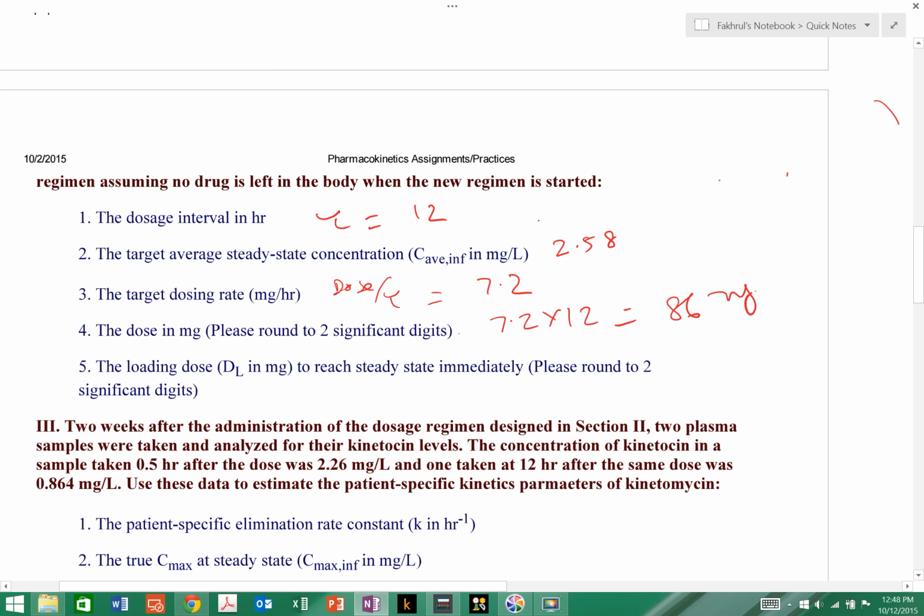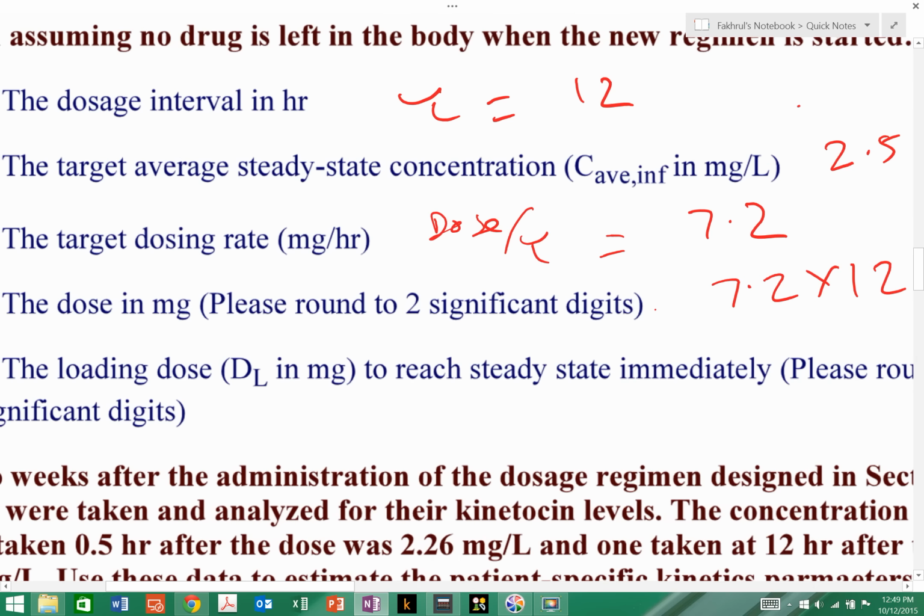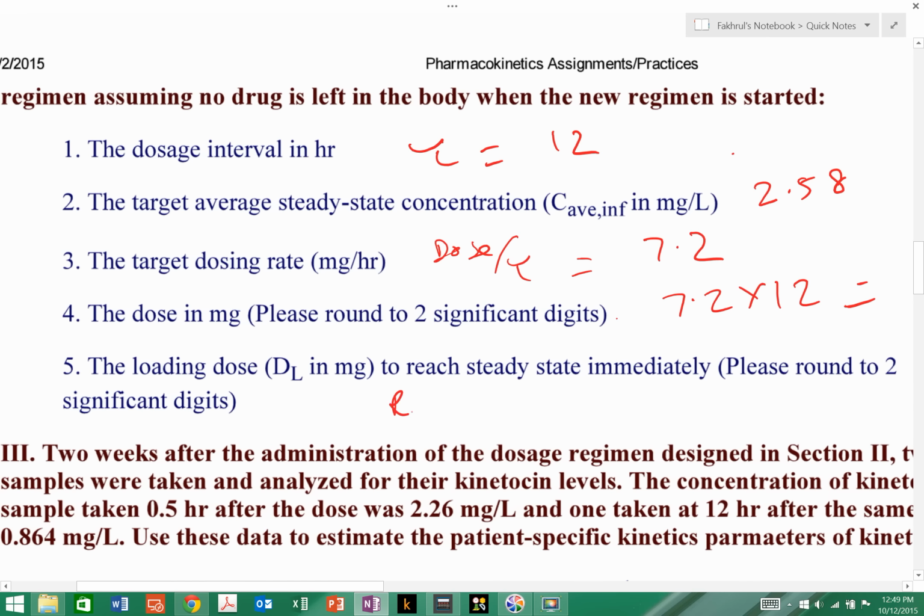So now you have to calculate the loading dose to raise to steady state immediately. To calculate the loading dose, we have to calculate the new accumulation factor. Nothing has changed, only one thing has changed, which is tau. So we put RSCC is equal to 1 over 1 minus e to the power negative K tau.